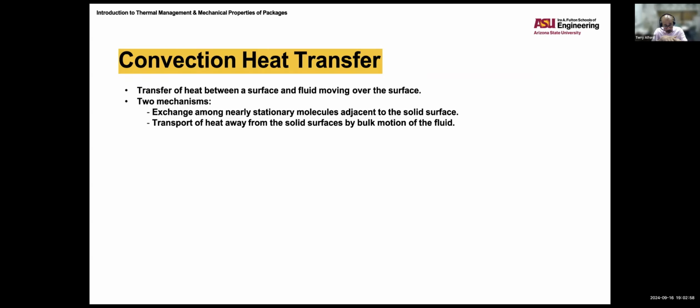That means you almost get a viscous drag of the liquid on the surface, and then the heat is transferred into the liquid and carried away. So in that case, we're able to remove heat from the surface of the solid.